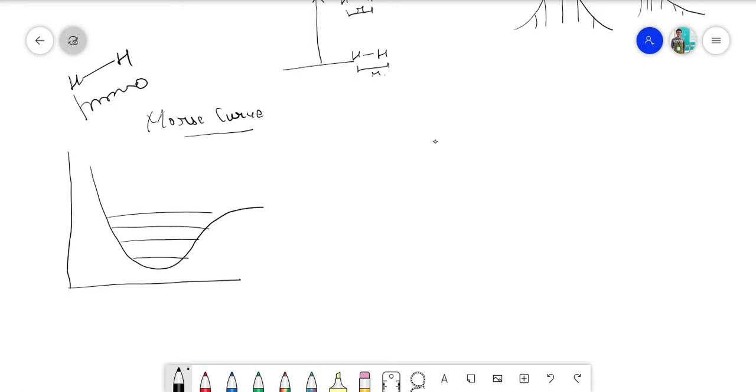This is your V equals 0, 1, 2, 3. What will the wave functions on these look like?